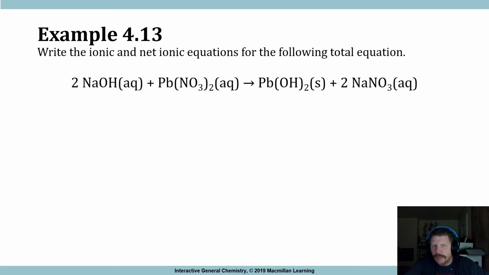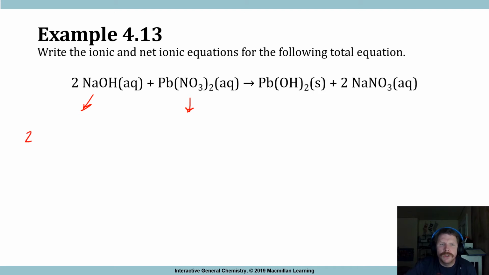Now this right here is the sort of problem that you can expect to see. You can also expect to see the previous, but this is a good representation of it: here's your entire reaction. Now go to an ionic equation, then to a net ionic equation. So all that we're going to do is break apart all of our aqueous substances.